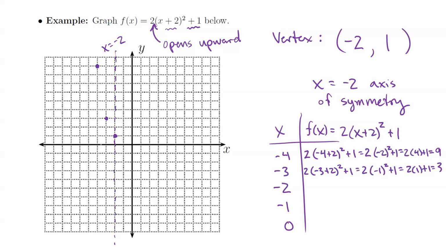And then the beauty of the axis of symmetry is that since I already know -2, 1 is my vertex, then on the other side of the vertex, I can just copy the work I did here. I can just put 3 and 9. Of course, if you did all the arithmetic, that's exactly what you would find. But that's exactly what the axis of symmetry does for us, is it gives us a quick way of finding points that I can use to sketch my graph.